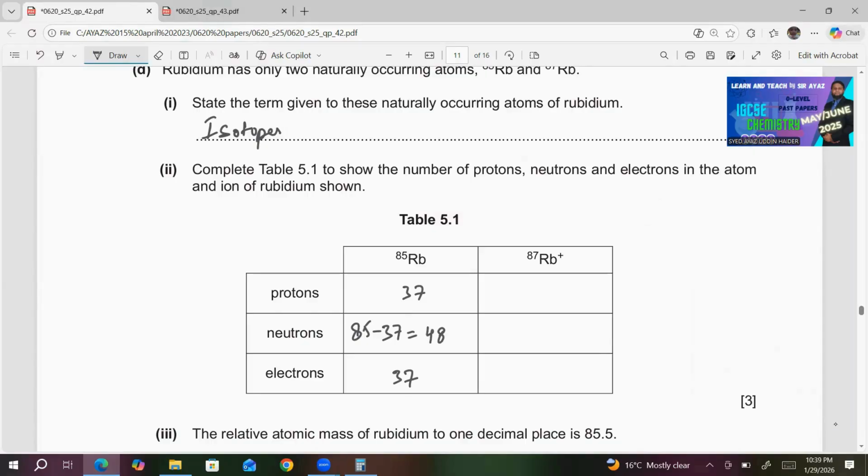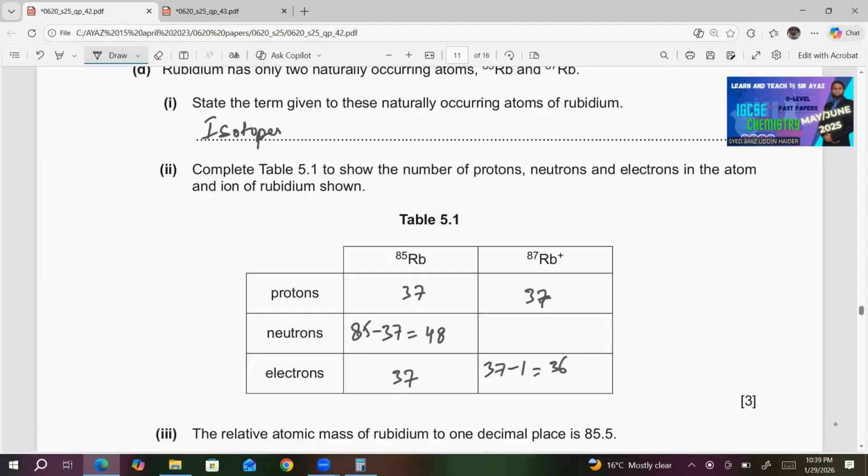What about RB plus? RB87 plus is carrying a plus charge, which means it has lost one electron. So the proton number will remain the same, that is 37. For electrons, I need to subtract 1 from 37, which becomes 36. What about the number of neutrons?